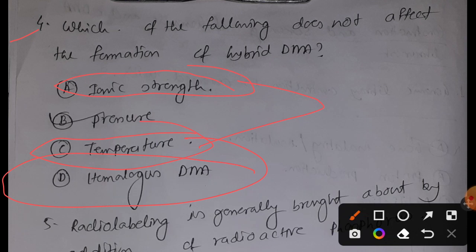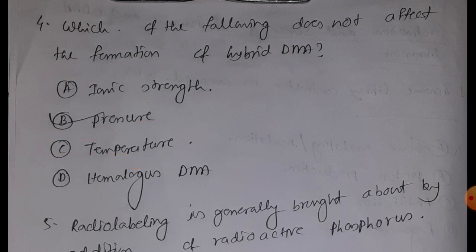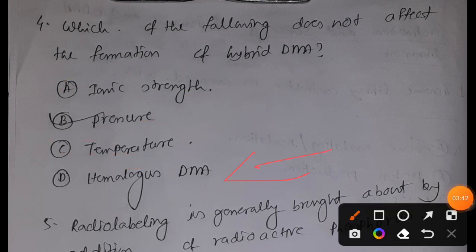So hybridization occurs between two complementary DNAs, not between two same DNAs, right? So the presence of homologous DNA does not affect the formation of hybrid DNA, right? Because it will not participate in hybridization, but pressure does have the ability to affect the hybridization. Okay.